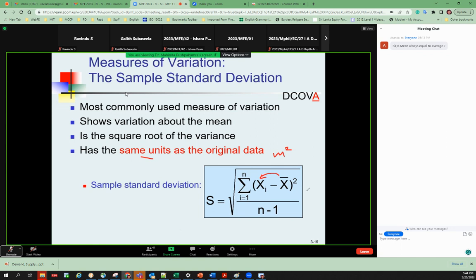Then it becomes not meters but square meters. The unit of measure has changed from meter to square meter. If you take the square root of this, again it becomes meters. That's why it has the same unit as the original data.